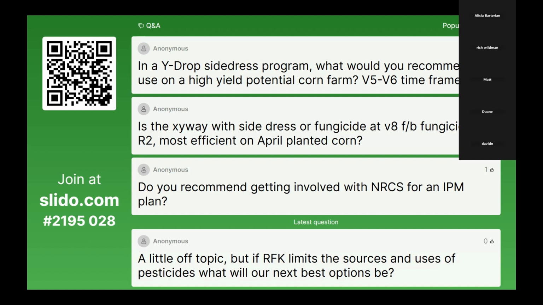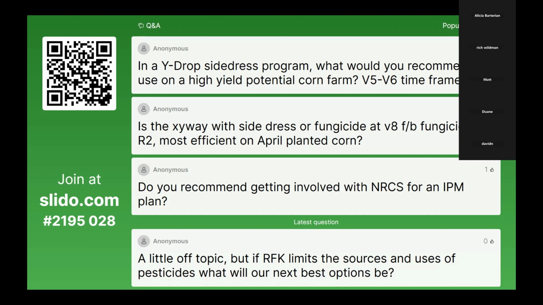So when we get up to that V5, V6, push off because of weather till V7, V8, heaven forbid, but it's happened. I don't know if I would want to wait till V5 to start side dressing just because of trial.